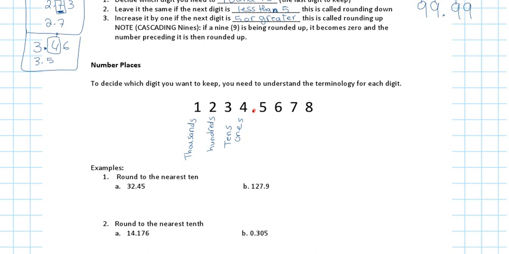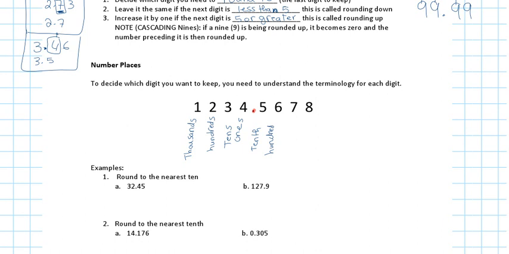The first number after the decimal is the tenth, with a TH. Anything after a decimal is going to end with a TH. We start with the tenth, then you have the hundredth, so that's 2 decimal places.